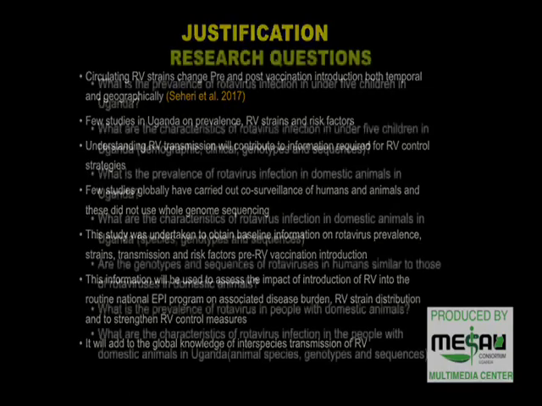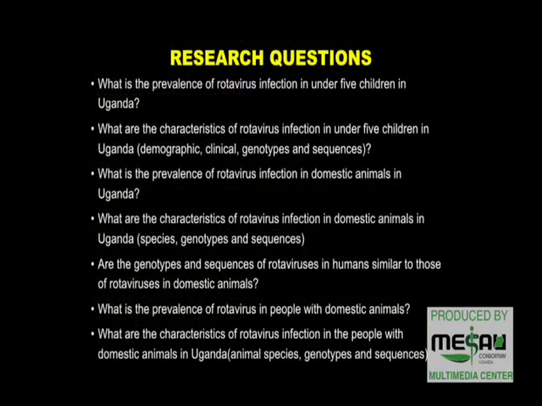What research questions did we look at? We asked: what is the prevalence of rotavirus infection in under 5 children in Uganda? What are the characteristics of rotavirus infection in under 5 children in Uganda? What is the prevalence of rotavirus infection in domestic animals in Uganda? What are the characteristics of rotavirus infection and of the animals that got this infection in Uganda?